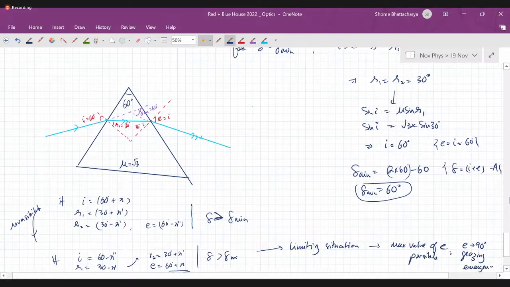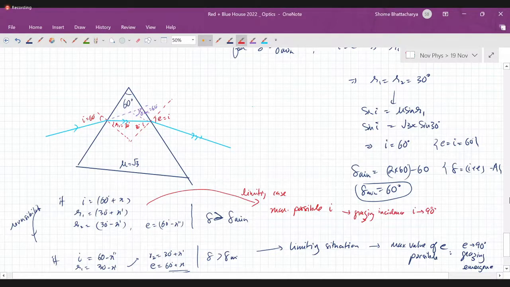Or the limiting situation corresponding to maximum possible angle of incidence, which is the grazing incidence, I tending to 90 degrees. So like that. Okay.